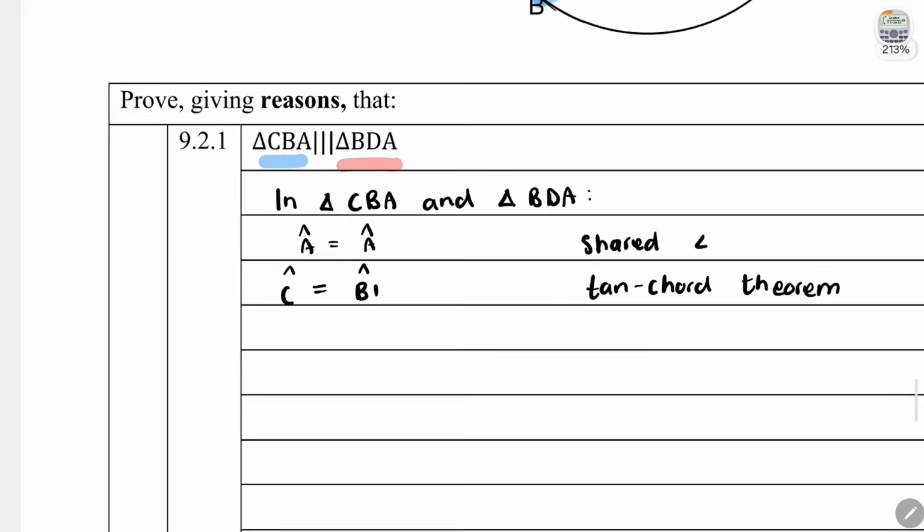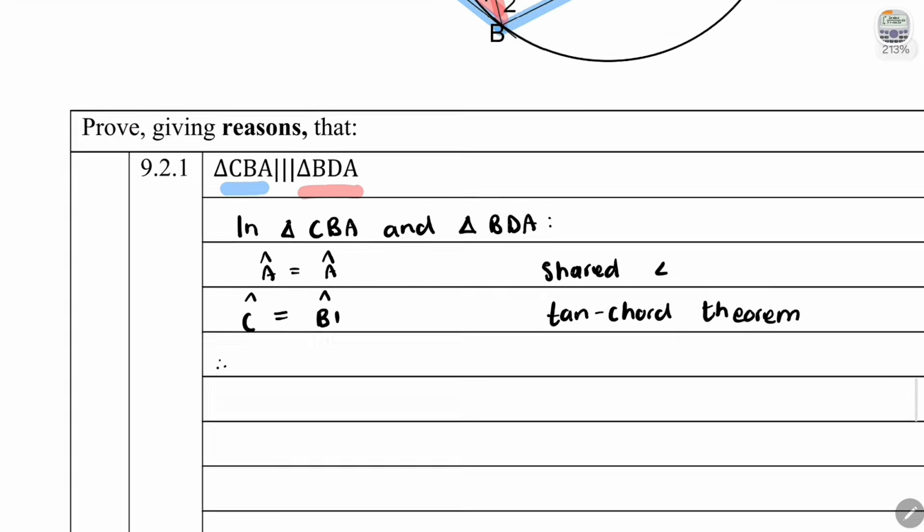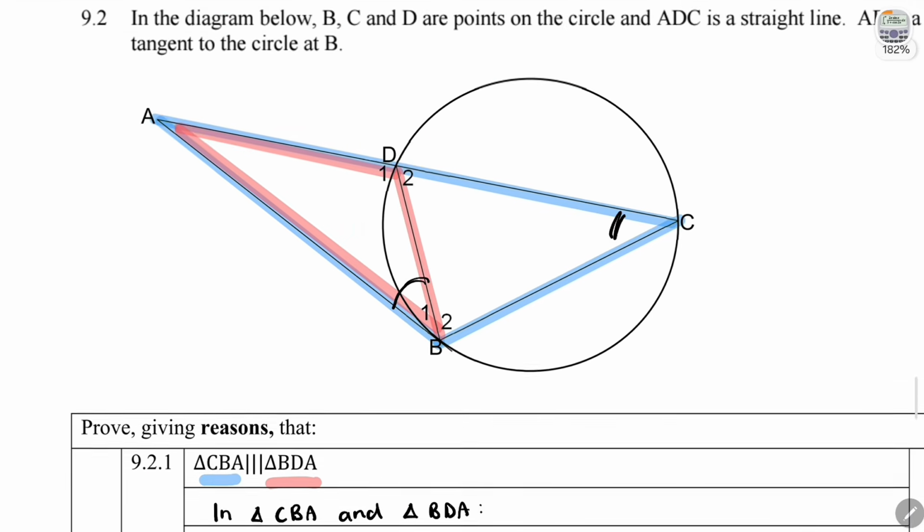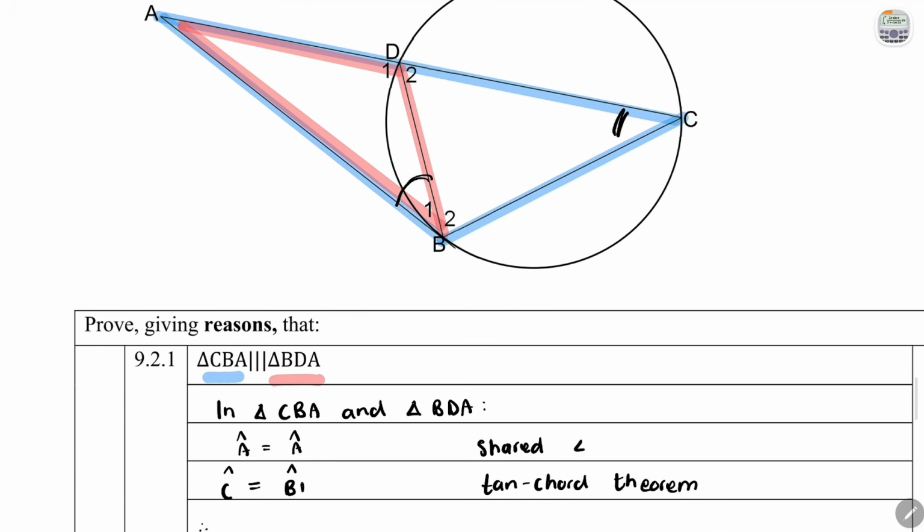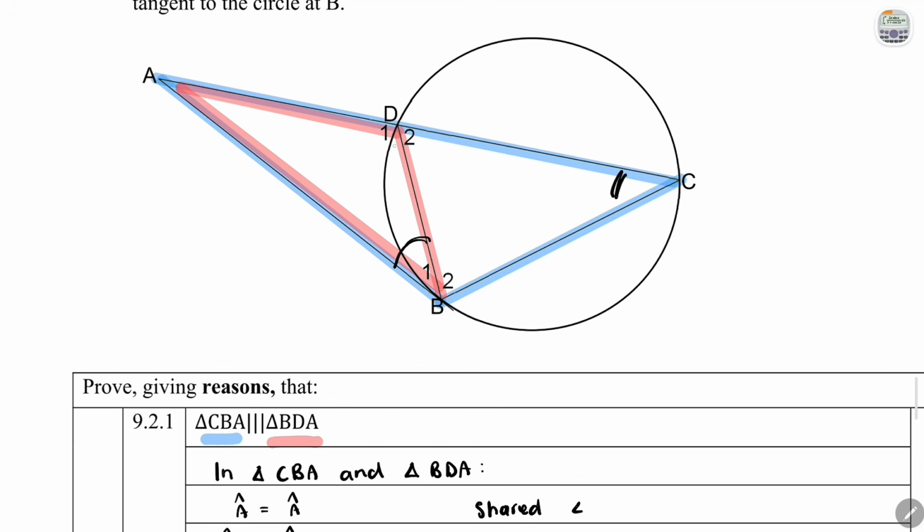And then by default, because these two are equal, the third angle in each triangle will have to be equal. So that means that angle D1 is therefore equal to angle B1 plus B2, because that is the entire angle, that third angle of the blue triangle.